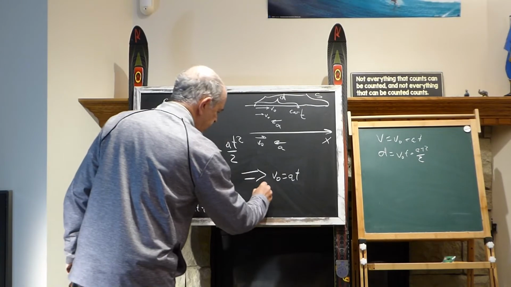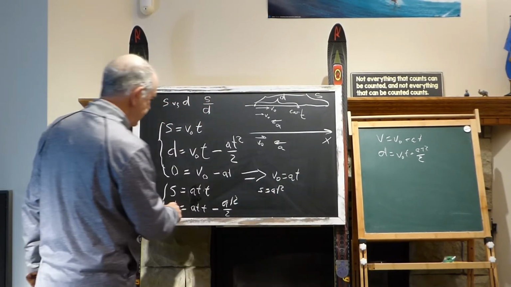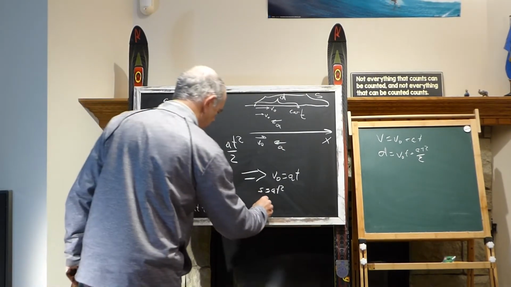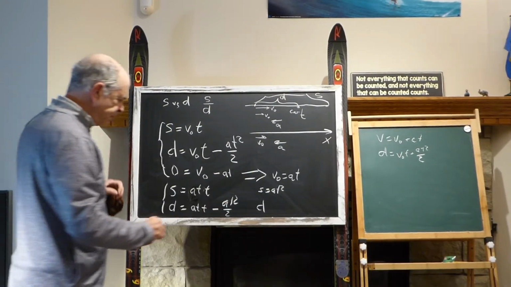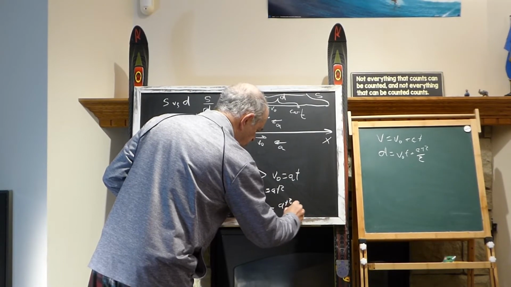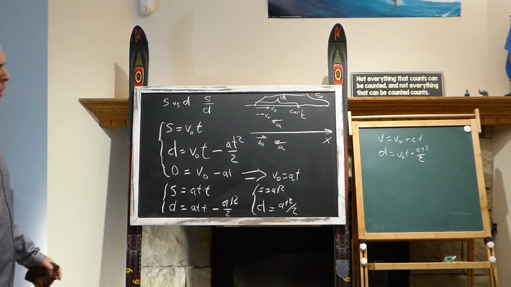AT times T becomes AT squared, and this becomes AT squared minus AT squared over 2. So this becomes AT squared over 2. And it becomes very simple.